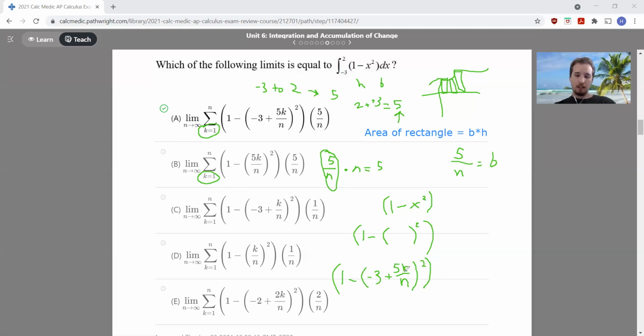But for each of these individual rectangles, you're starting at -3, and you're starting from k equals 1, so almost 0. And then as this value of k increases, you're going to move further and further along. But each rectangle has a width, and that width is 5 over n. So you have to move over 5 over n distance, and that's why the k is being multiplied by the 5 over n. So the final answer is this height, multiplied by the base, which is 5 over n.